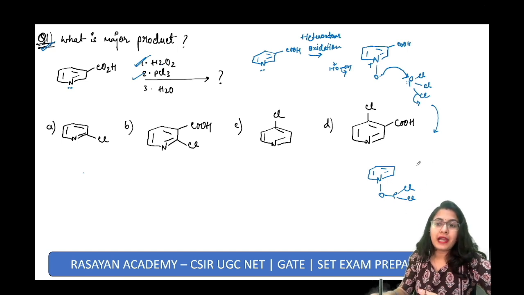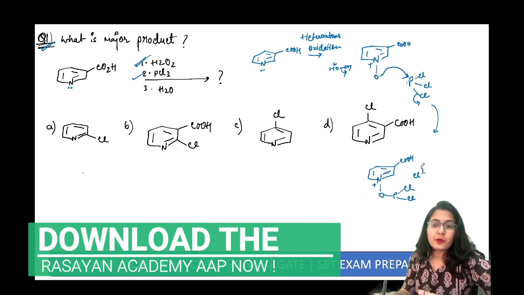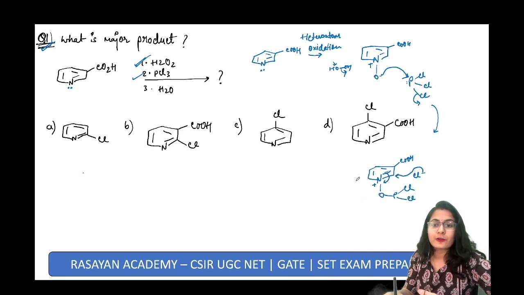So that Cl minus, what is the Cl minus going to do? The Cl minus knows that it cannot attack over nitrogen, because nitrogen has a positive charge and does not have a vacant d orbital like phosphorus. So chlorine is rather going to attack over this carbon and release this electron density so that the nitrogen does not have a positive charge anymore.